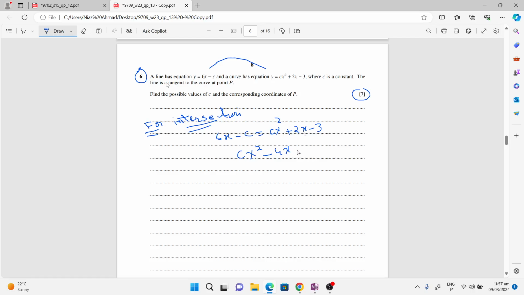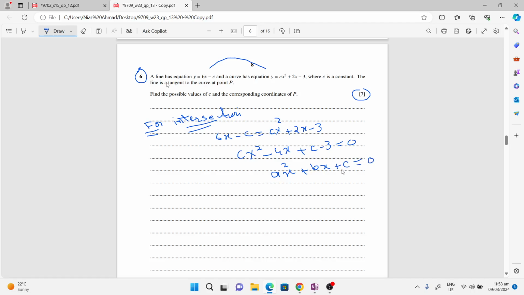Finally you are getting c minus 3. This is a standard equation, cx square minus 4x plus c minus 3. Here, if I compare this equation with ax square plus bx plus c, it is of 7 marks.